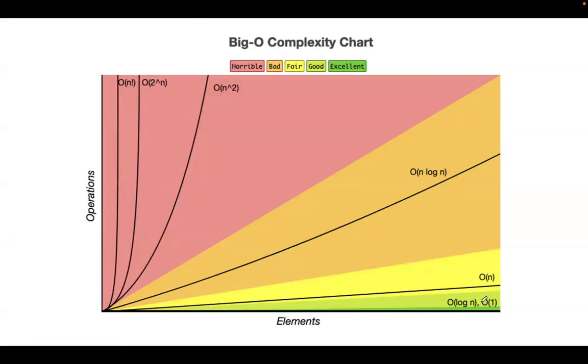And so you'll see, so like log n and O of 1, this is what we call constant time, because it basically happens in no time at all. It's not in terms of the input in any way. So those are really, really good. We like those. O of n is fair.